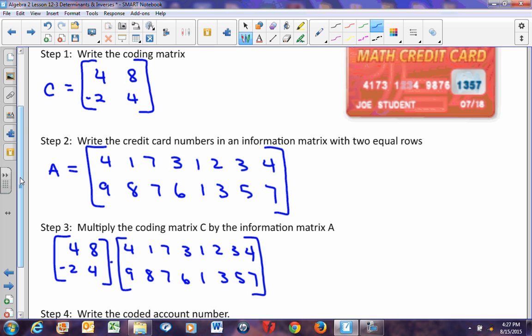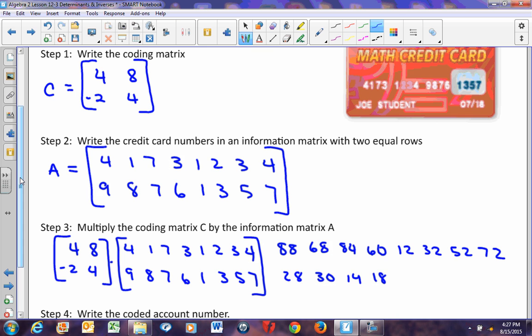I'm going to get the following numbers. 88, 68, 84, 60, 12, 32, 52, 72. That's first row. Second row, 28, 30, 14, 18, 2, 8, 14, 20.